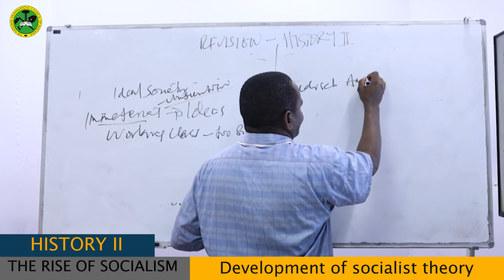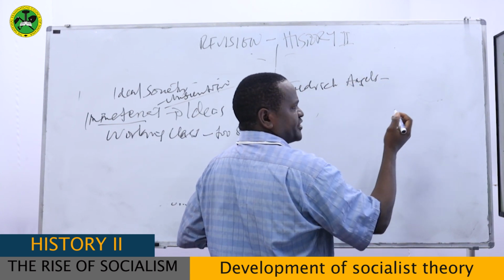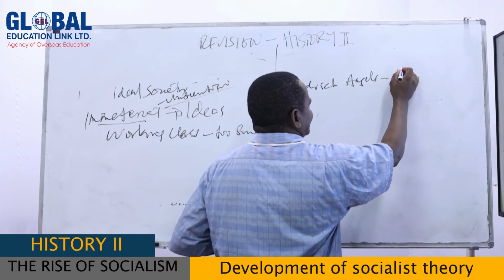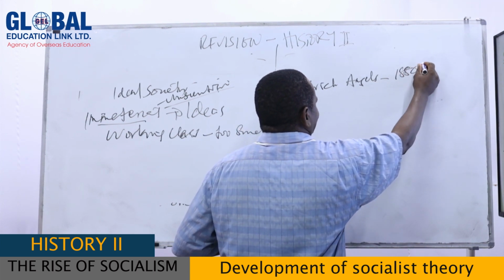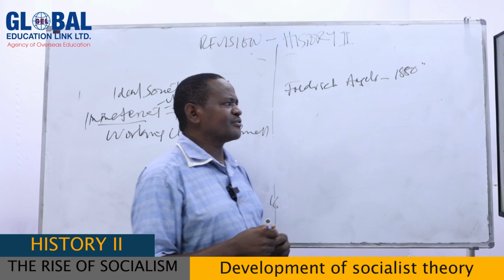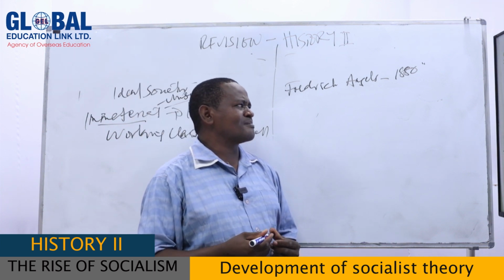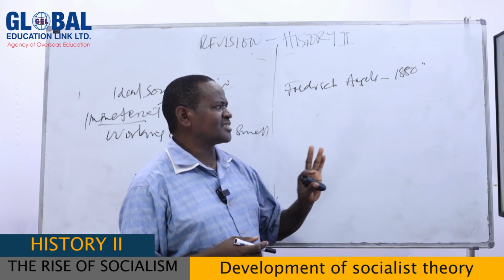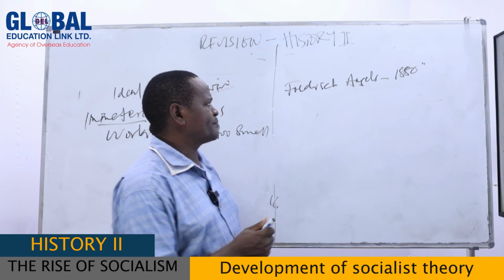It was used first by Friedrich Engels, and Friedrich Engels used this word in 1880 to describe the kind of socialism they built with Dr. Karl Marx, to distinguish their socialism from utopian socialism.